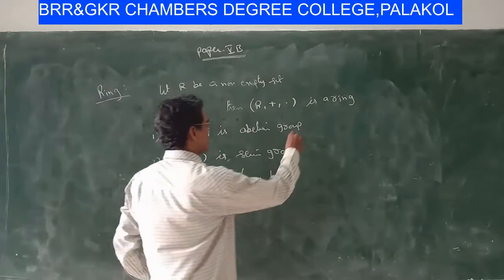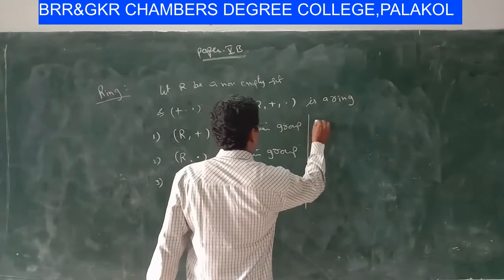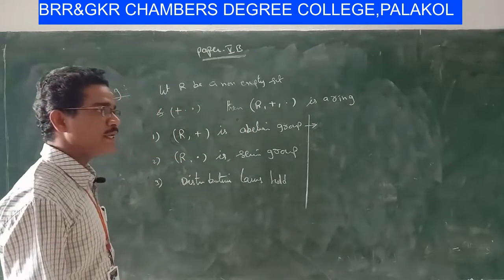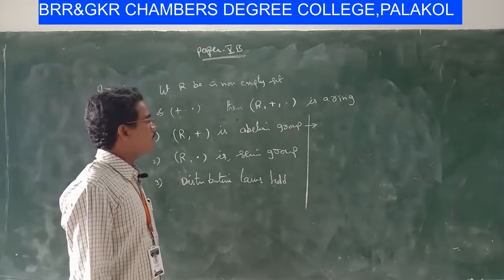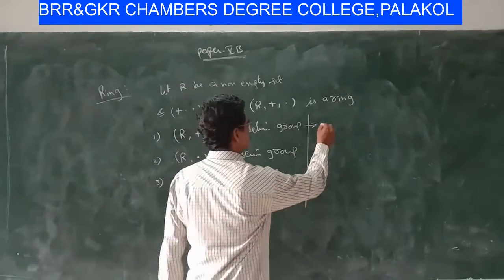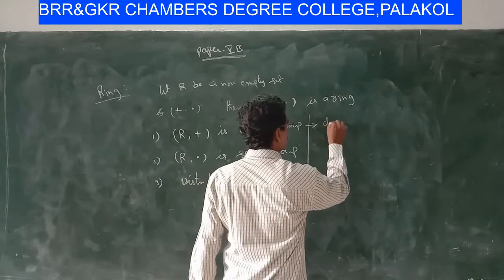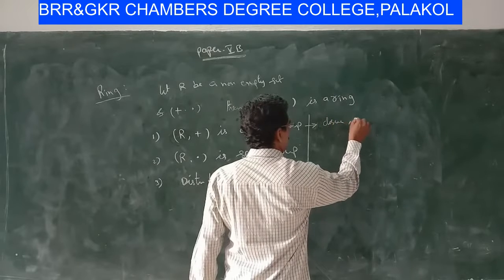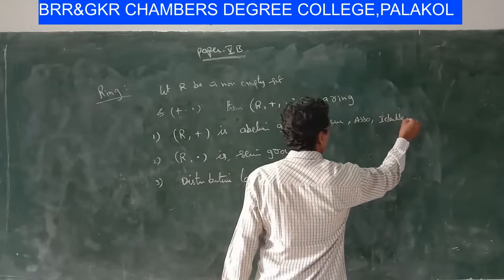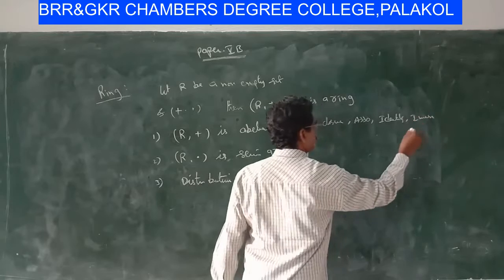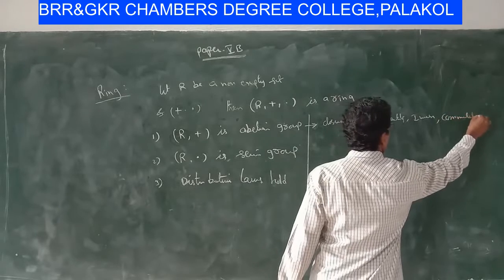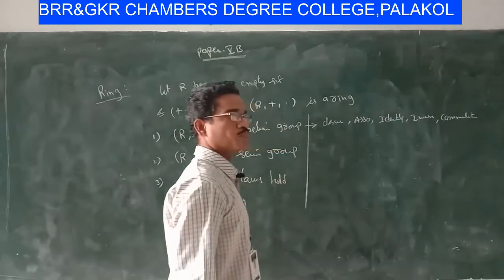Now first I will discuss R comma plus is abelian. Already the above definition, that is called group, closure, associative, identity, inverse and commutative laws in group.